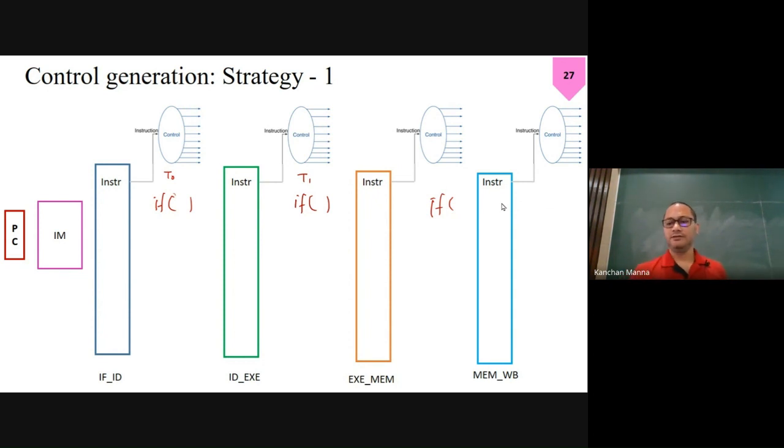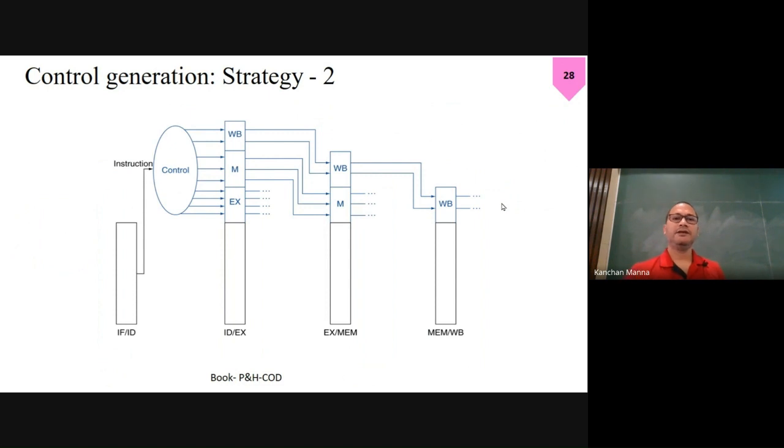So here, this is strategy 2. Here we are generating all the control signals, and we have stored them in the registers that we have seen. So we'll extend the stage register, that is for data, and this blue color is for the controller. Same way as the pipeline that we saw.